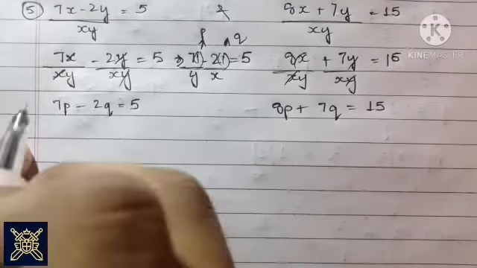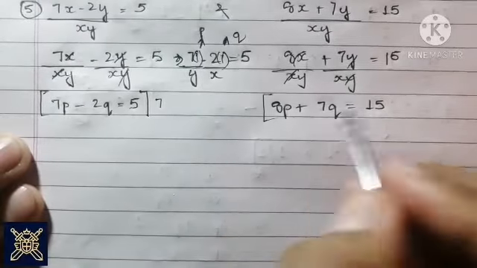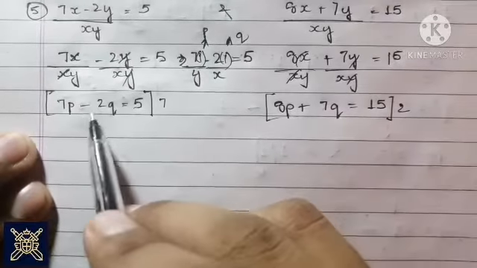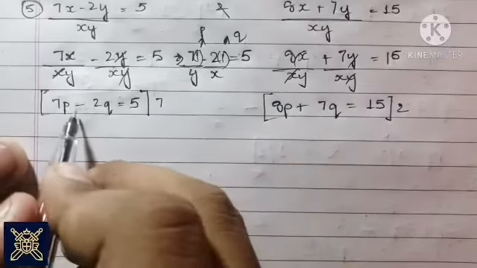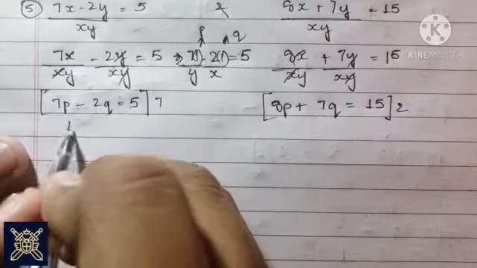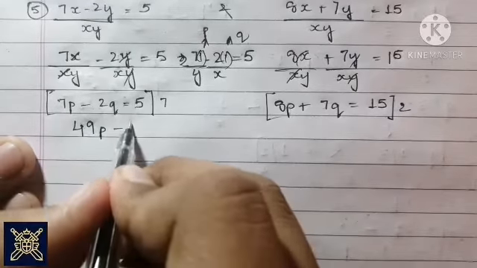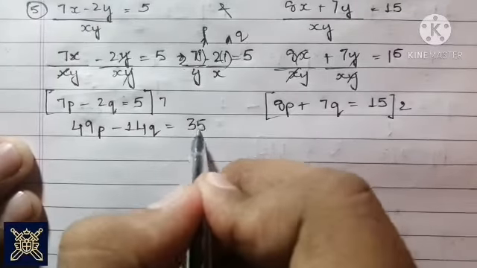So you can multiply this equation by 7 and this equation by 2, so that you get 14q here and also 14q here. When I multiply this equation by 7, I get 7 sevens are 49p minus 2 sevens are 14q is equal to 7 fives are 35.